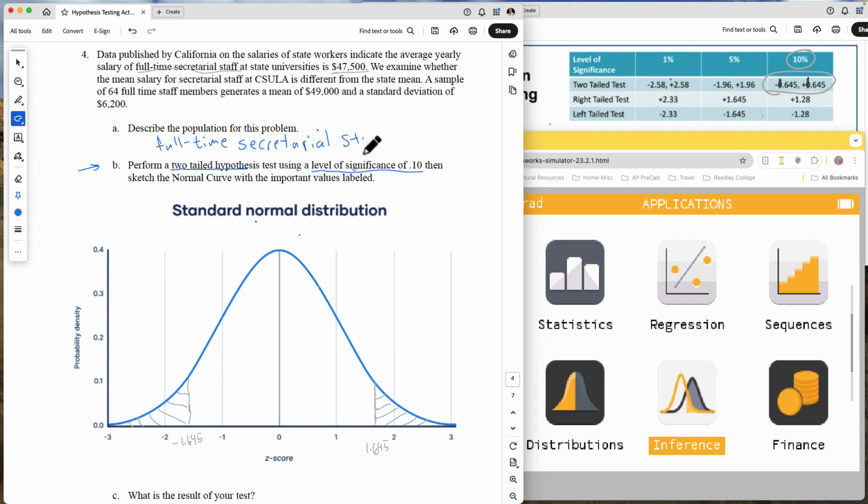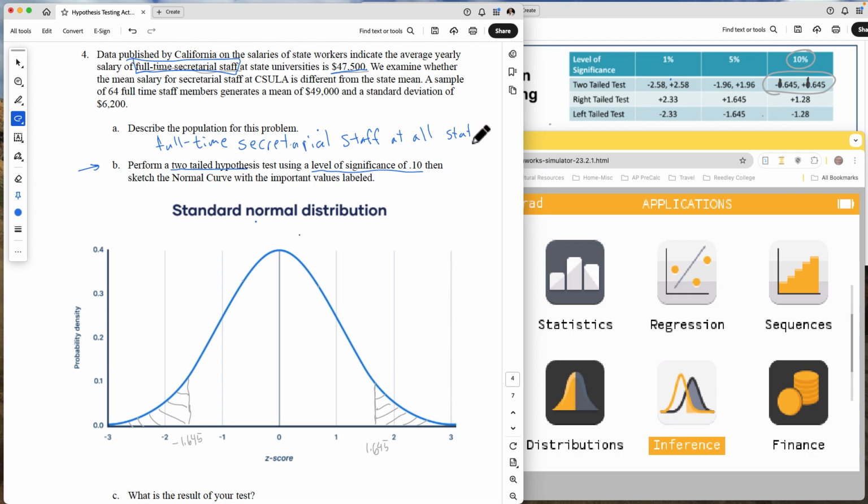Even though at the beginning they mentioned that this is coming from the salaries of just state workers, we're not talking about all state workers. We have picked on the average salary of a particular class of state workers. So this is our population that we're working with right here: full-time secretarial staff at all state universities.